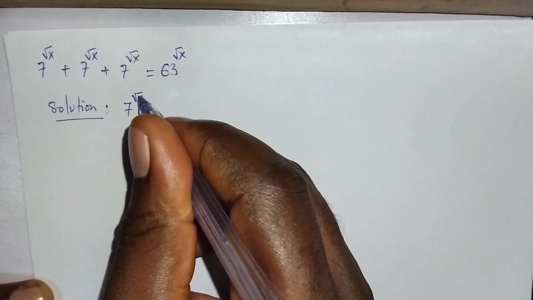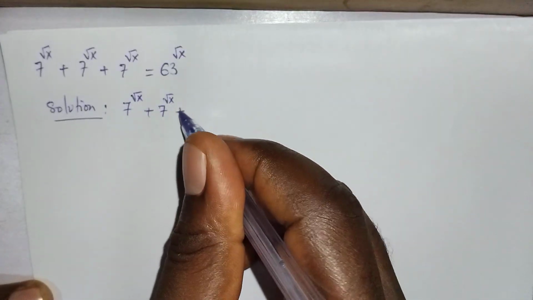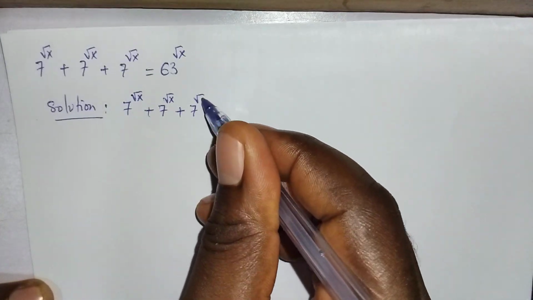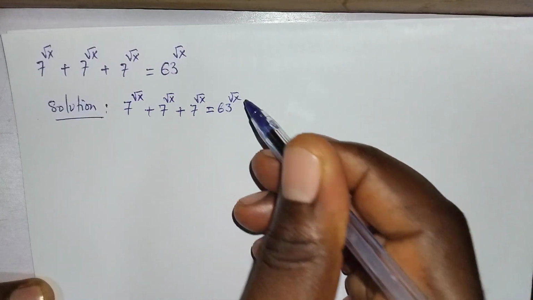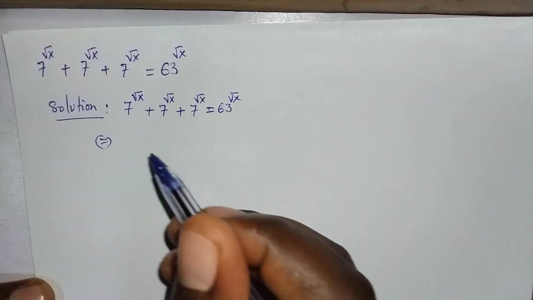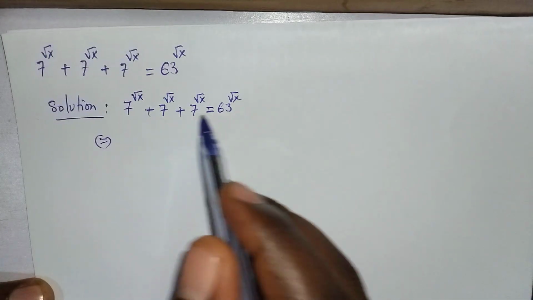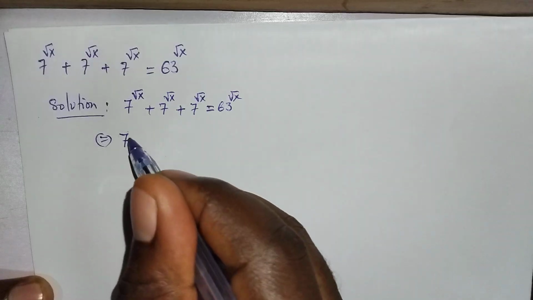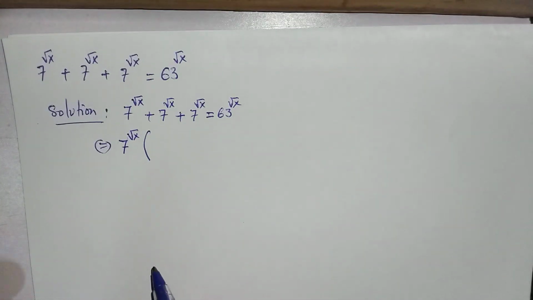(7 + √x) + (7 + √x) + (7 + √x) = 63 + √x. As you see, 7 + √x is common, so we put 7 + √x outside of the parentheses.